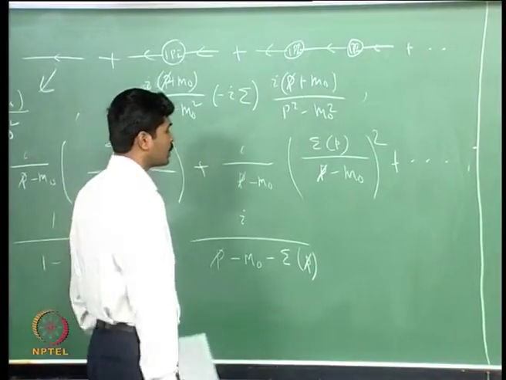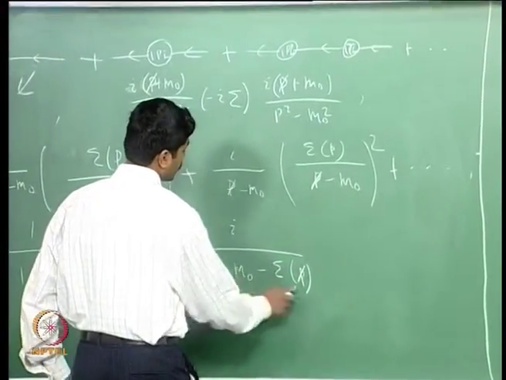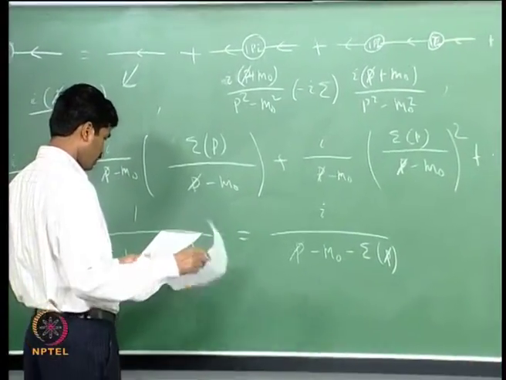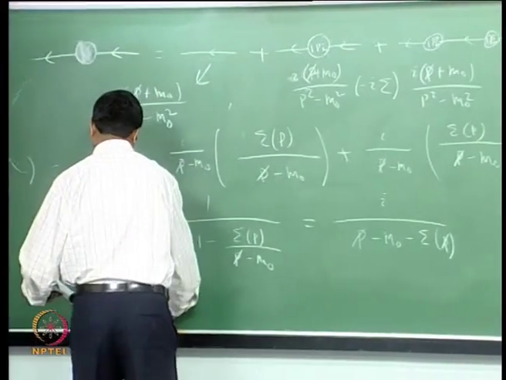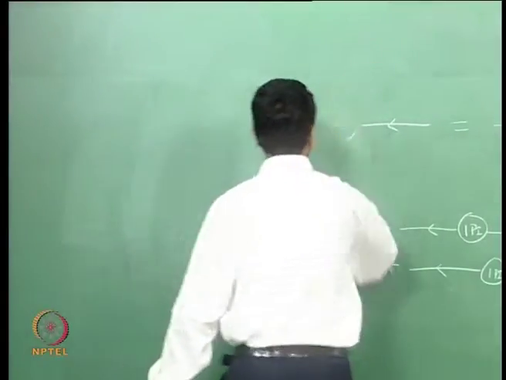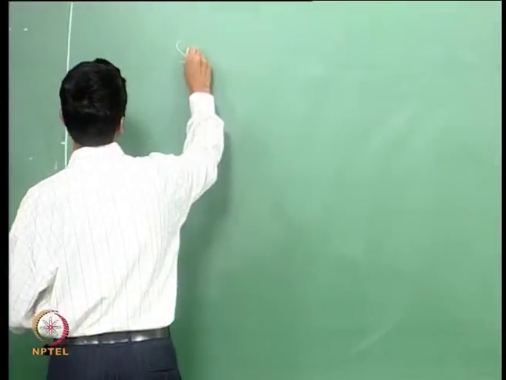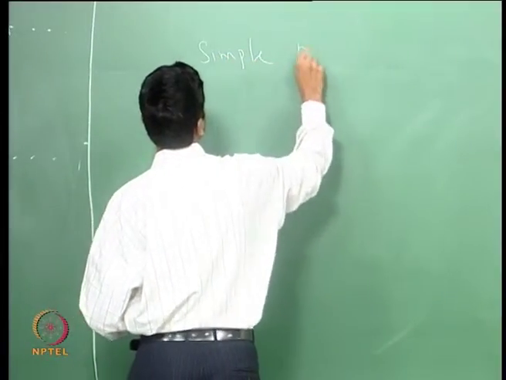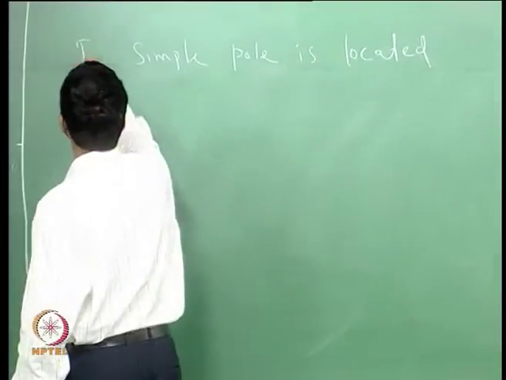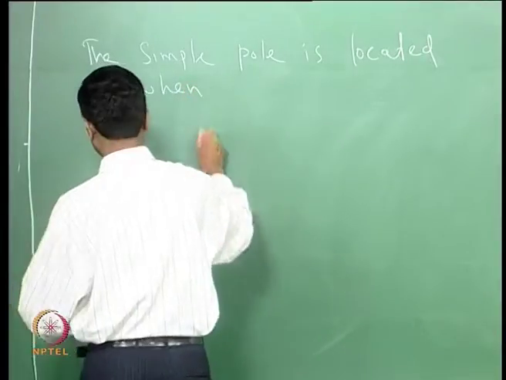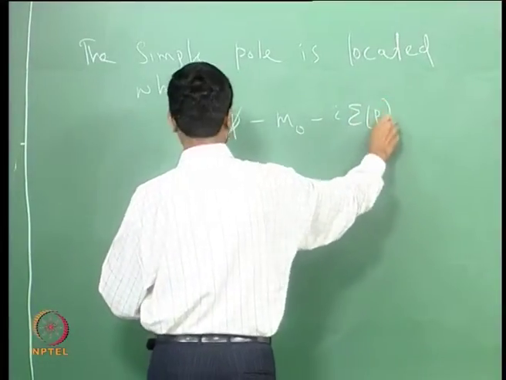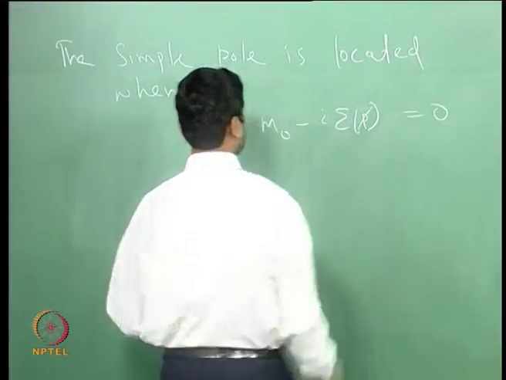It's shifted to the point when the denominator is 0. So basically the simple pole is when p slash minus m 0 minus i sigma of p slash equals 0.